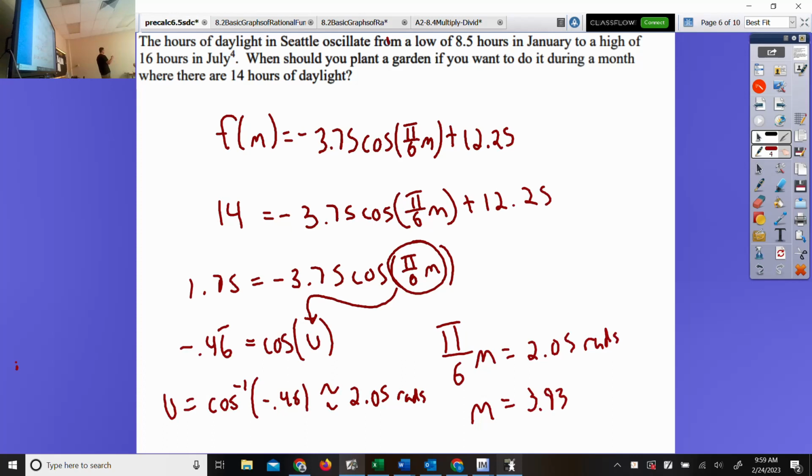We're not going to 4, we're going to 3. There's a 3 there, isn't there? That's true. It's the end of April though. 3.93, it's the end of April. It's still April, just the end of it. Probably last week of April.